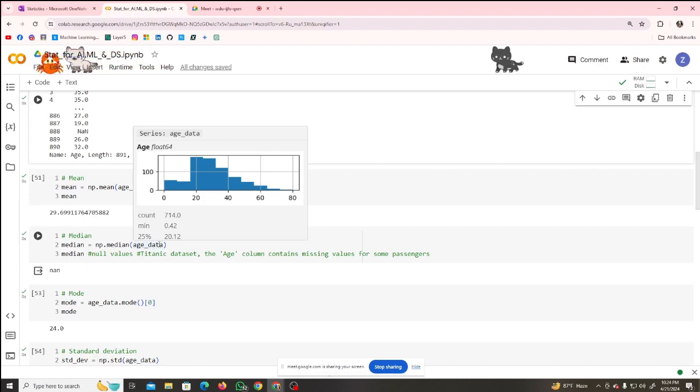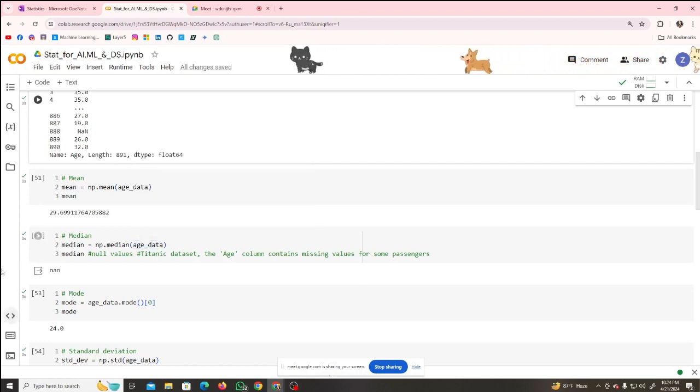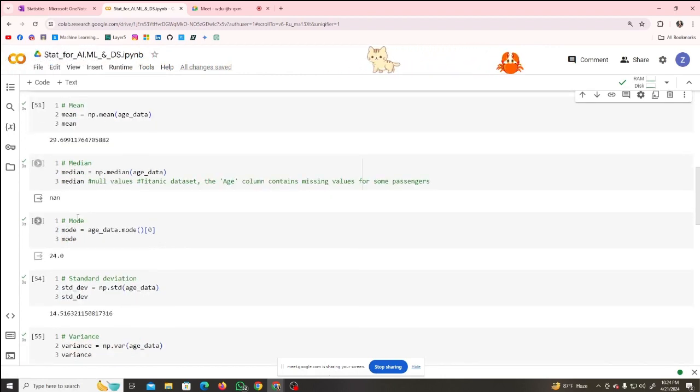So why didn't we get it? Because in the Titanic data set there are a lot of missing values, and maybe the central two values were none, or if the length of that data set was odd, the middle value was none. So that's why we are getting a none.